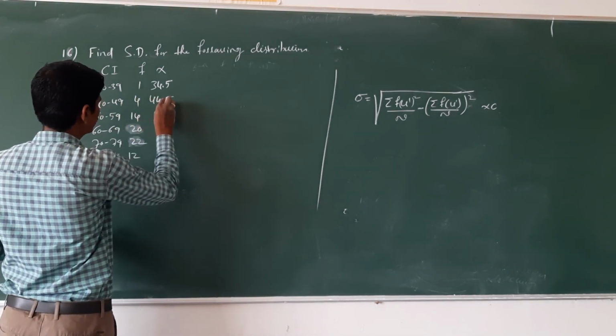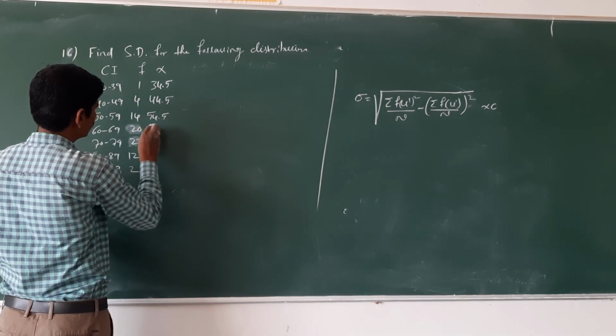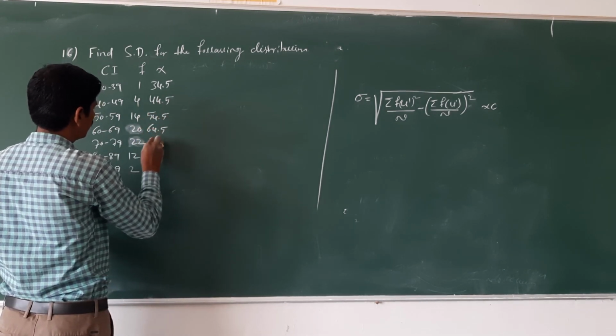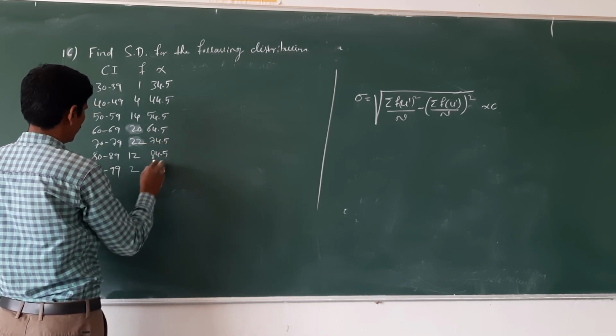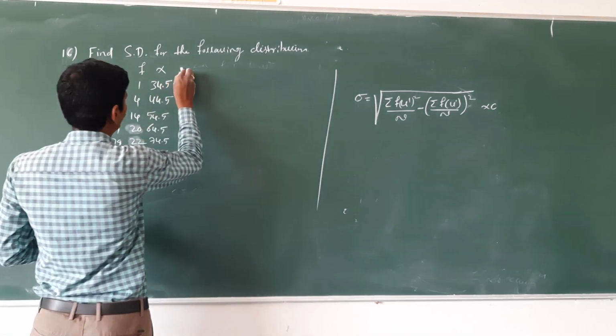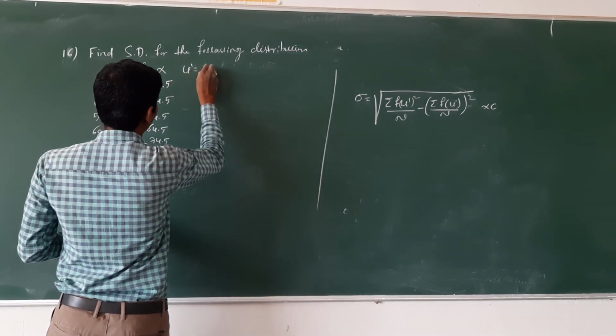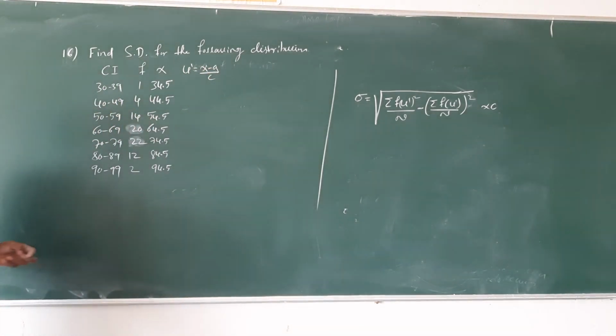The next 54.5, 64.5, 74.5, 84.5 and 94.5. Here we want u dash equal to x minus a by c.